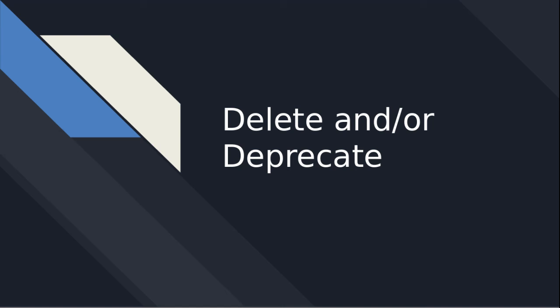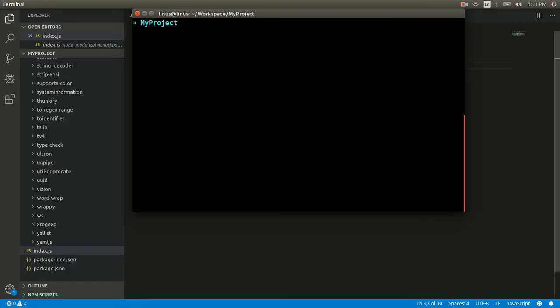So delete is basically unpublishing our package from the npm registry, and the command to unpublish is npm unpublish, then my package name, which is @1.1.0.